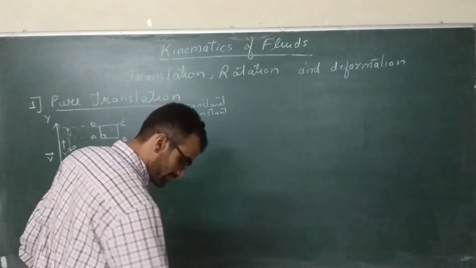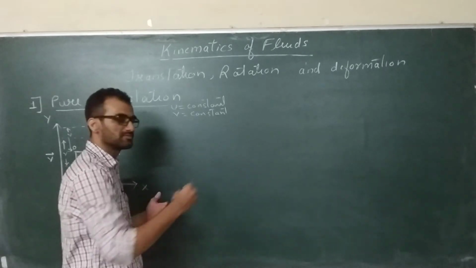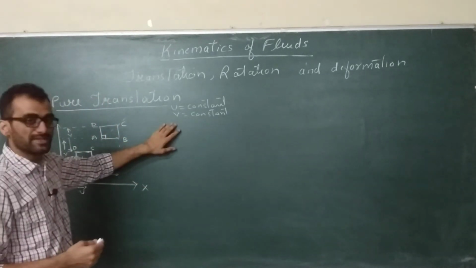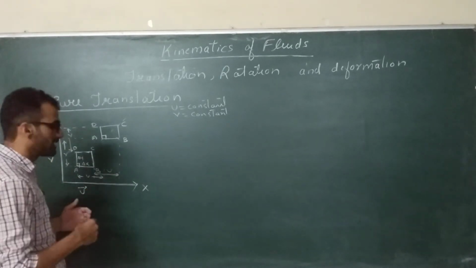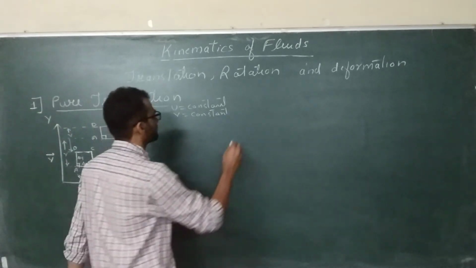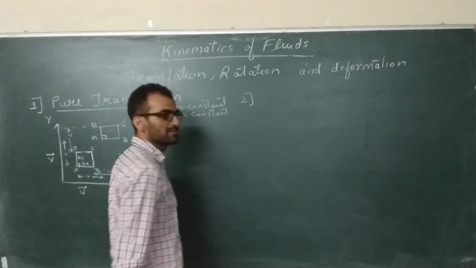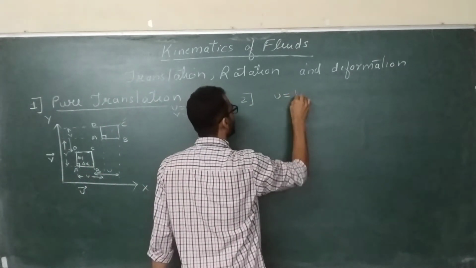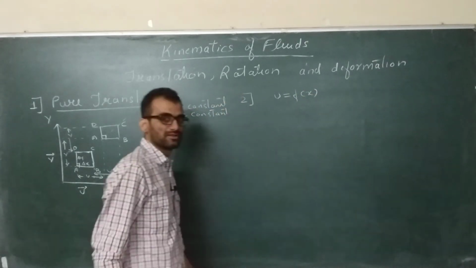Now we will see a special case. We will slowly introduce velocities which are a function of space. Slowly, one by one, case by case we will go and try to find out different types of deformations in the fluid motion. Now here, second is a special case where we will consider u as a function of only one space component.